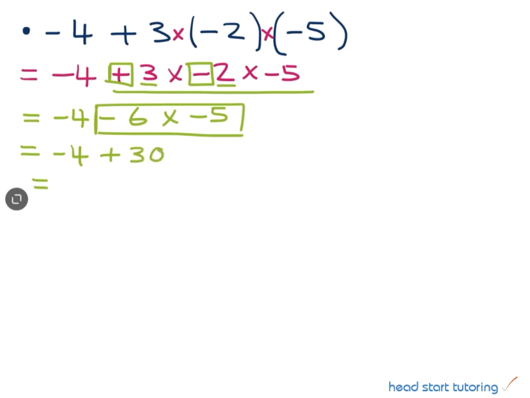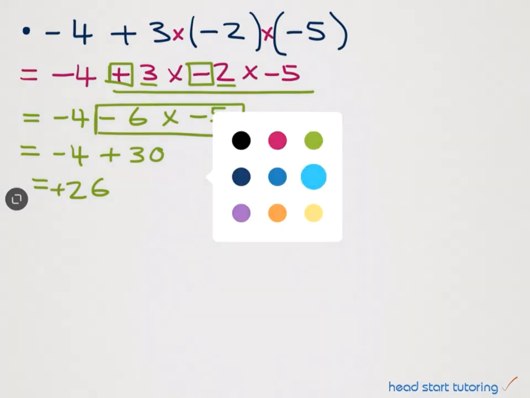So we end up with a final answer of 26, because negative 4 plus 30, if we do that on our number line on the side, we will go from negative 4, we first plus 4 to get to our 0, and then we have to plus another 26 to get to our full 30 that we needed to add to our negative 4. So our answer is positive 26 or just 26.